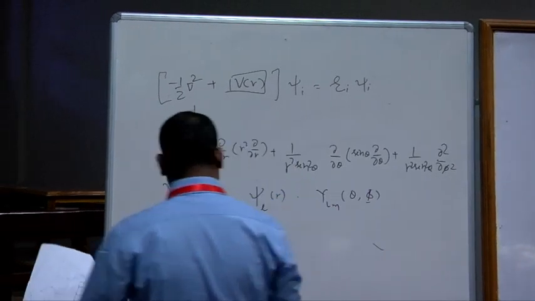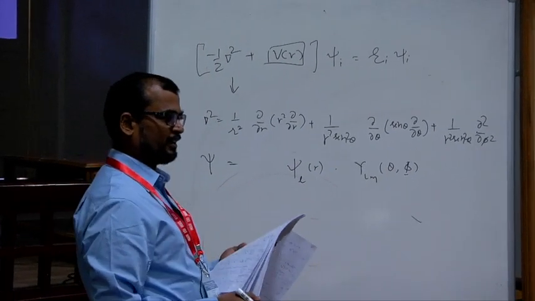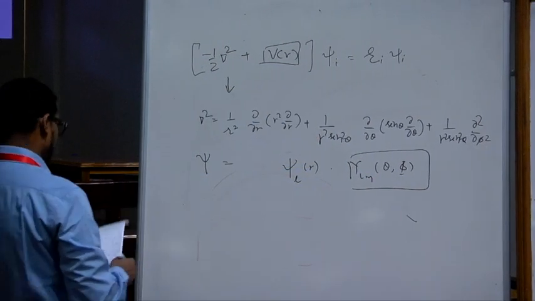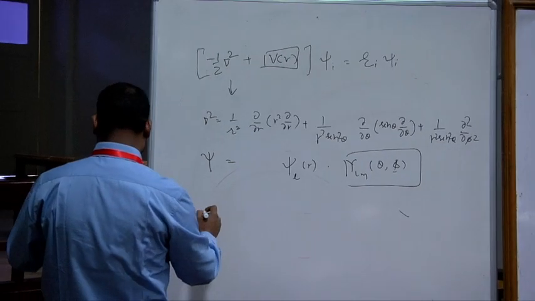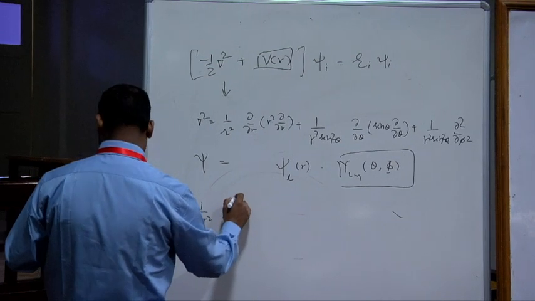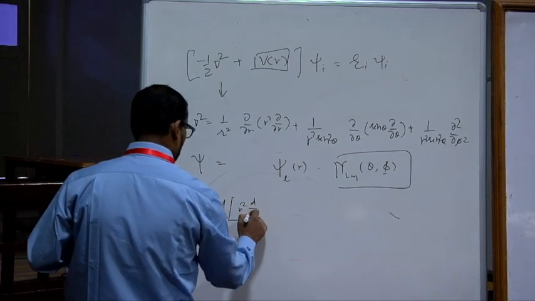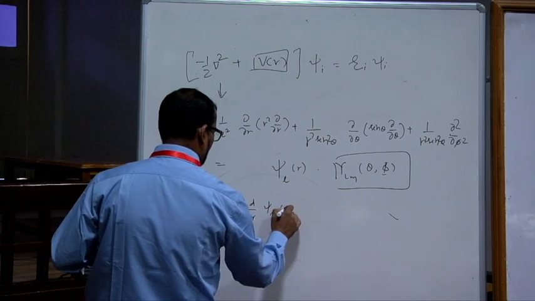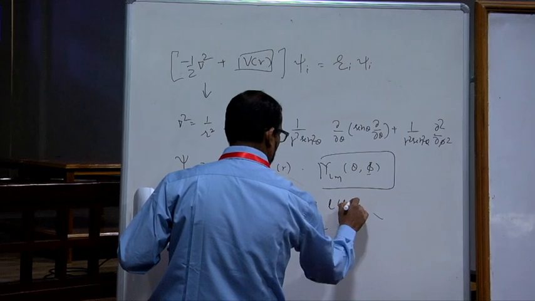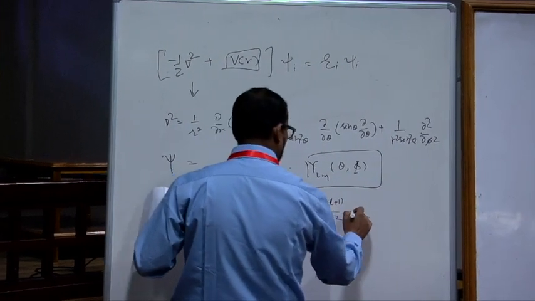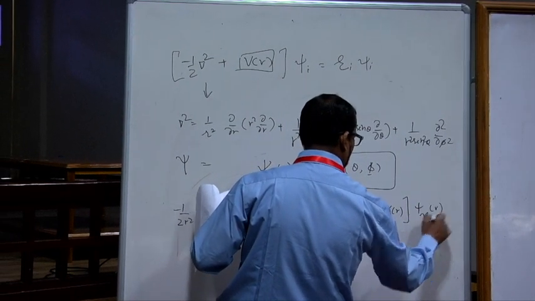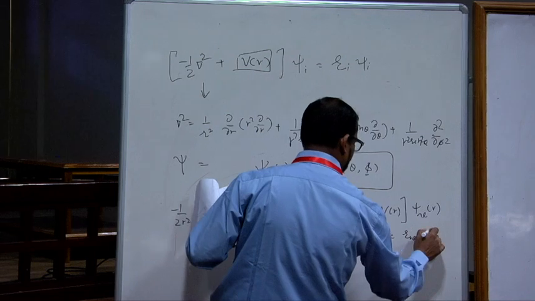So then you make another radial equation which you intend to solve, keeping this out. The equation that you intend to solve is the following: minus 1 by 2r square d by dr of r square d by dr psi_nl(r), plus l into l plus 1 over 2r square plus V(r), acting on psi_nl(r), is equal to E_nl psi_nl(r).